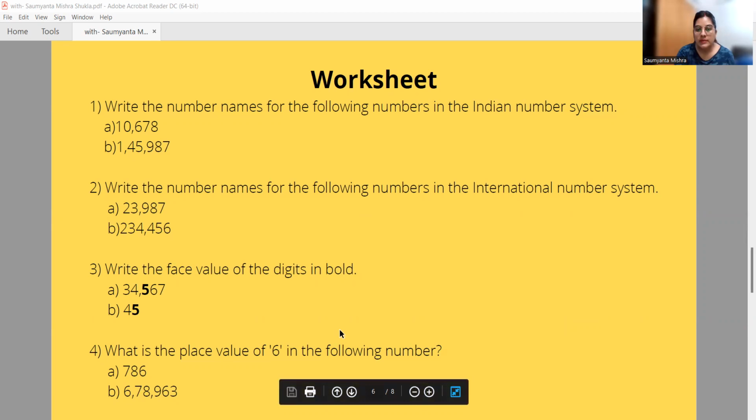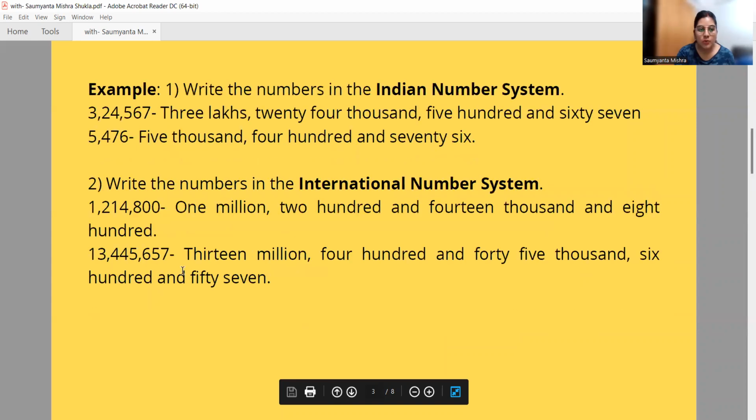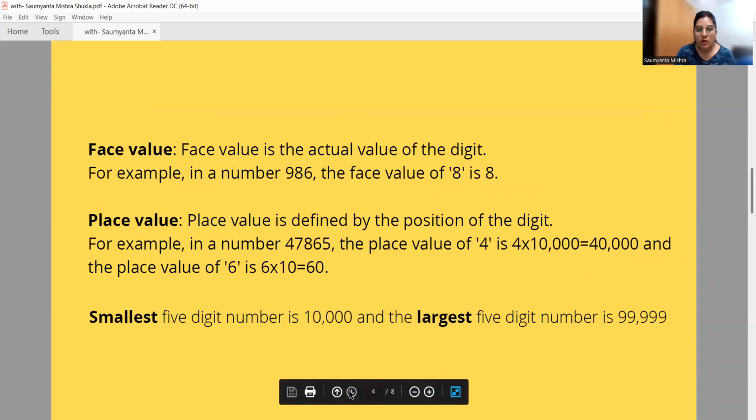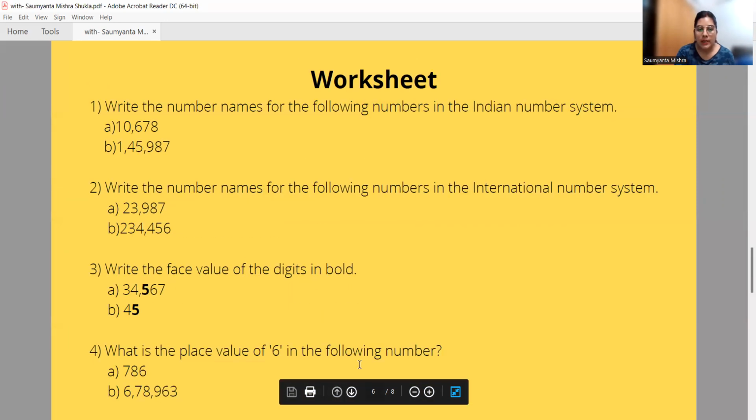In the international number system, we saw that the commas were placed after every 3 digits. So this becomes 100,000, this becomes 10,000, this becomes 4,000. So seeing the commas will help you determine whether the number is in the Indian number system or in the international number system.